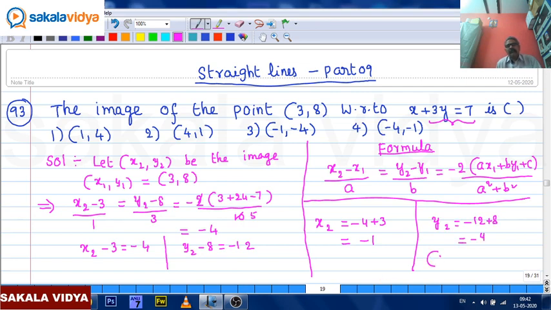Therefore, x2 comma y2 is equal to minus 1 comma minus 4. So, that means the third option is the right option.